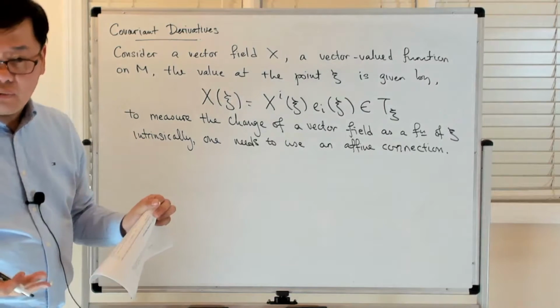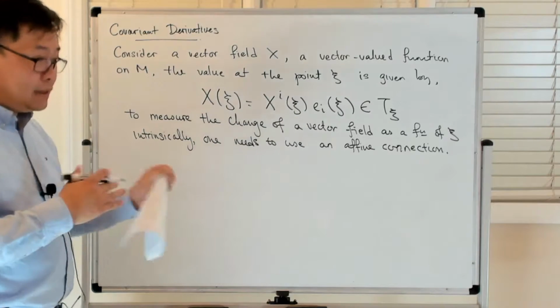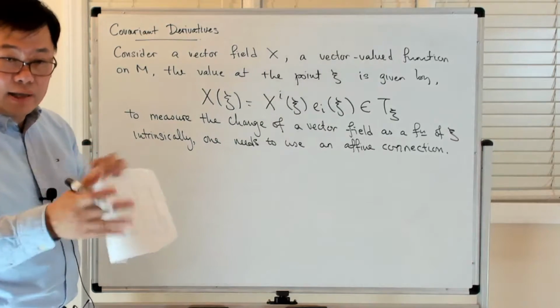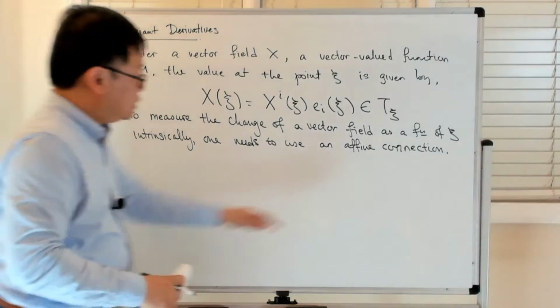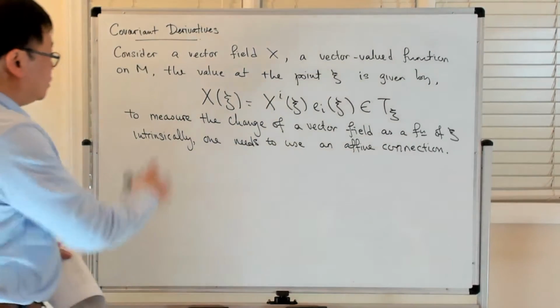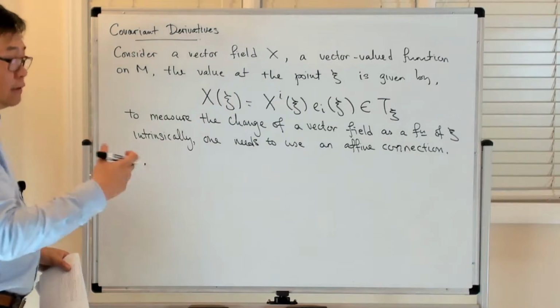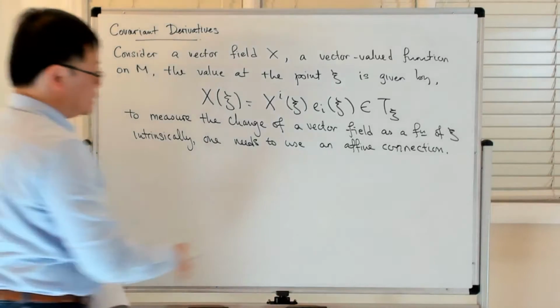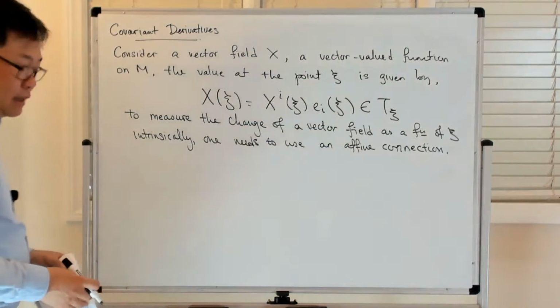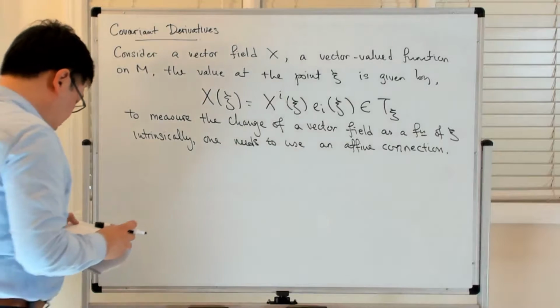And as we've talked about before, in order to identify the tangent spaces at two different points, one needs to introduce the affine connection. So the notion of taking derivatives of vector fields very naturally brings into play this idea of affine connections.